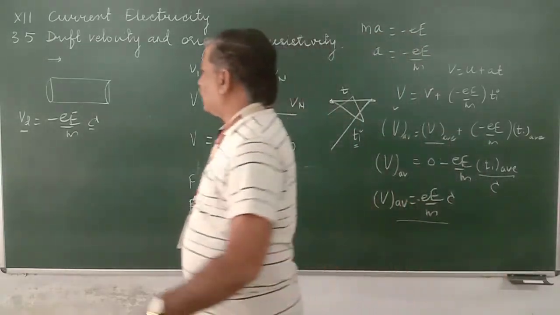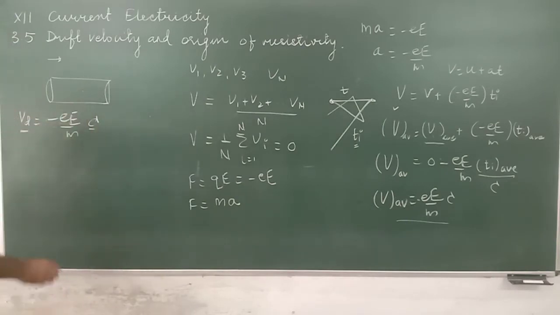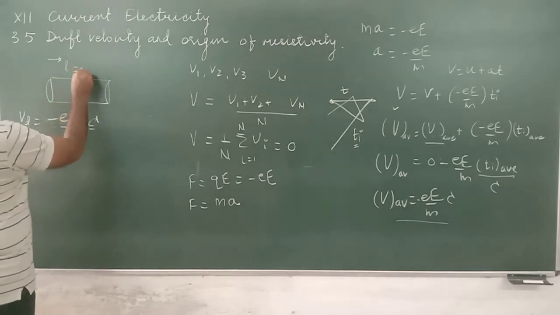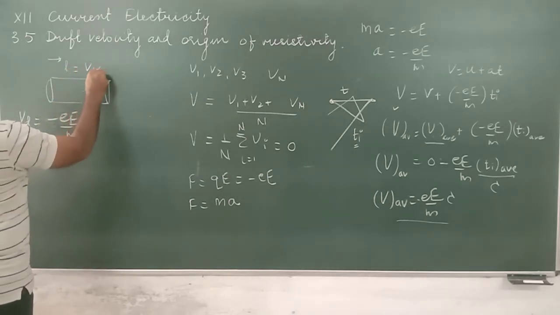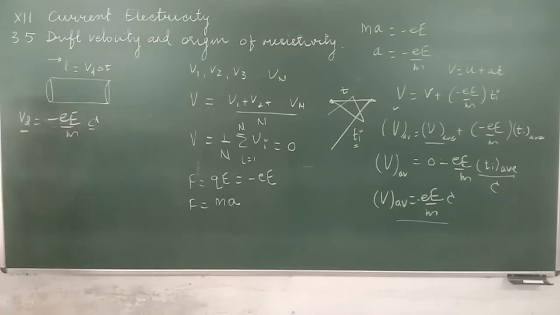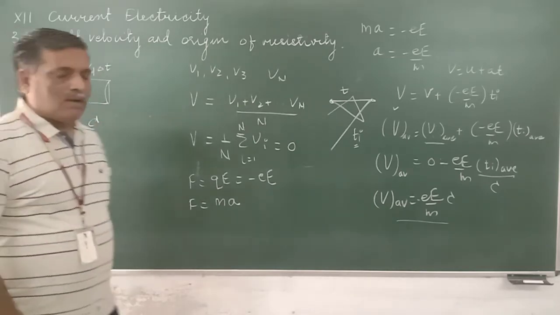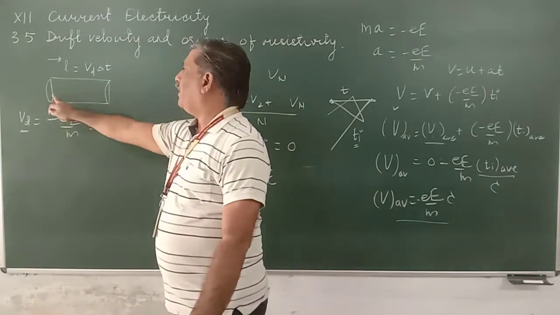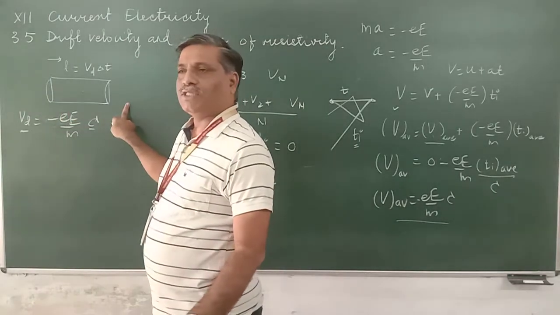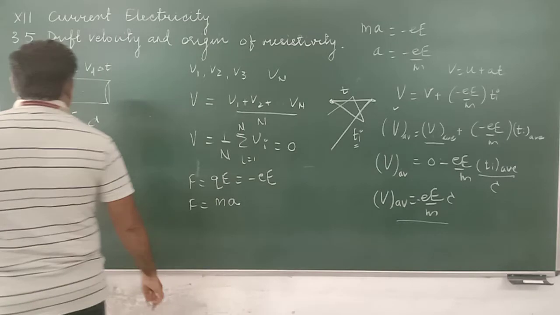Now again consider this one. If this is L and Vd is the velocity, we can say that this L is Vd delta t. Within time delta t, the electrons will cover this much distance. Now all the electrons will cross this distance within this delta t.